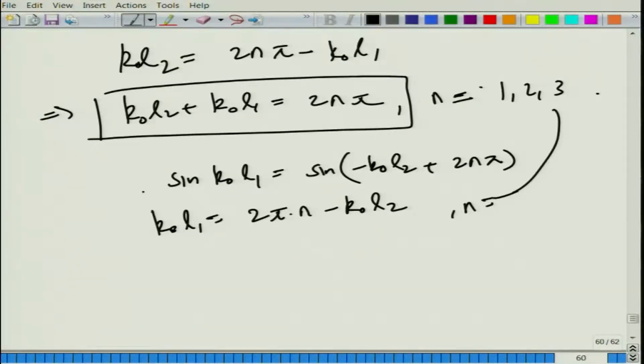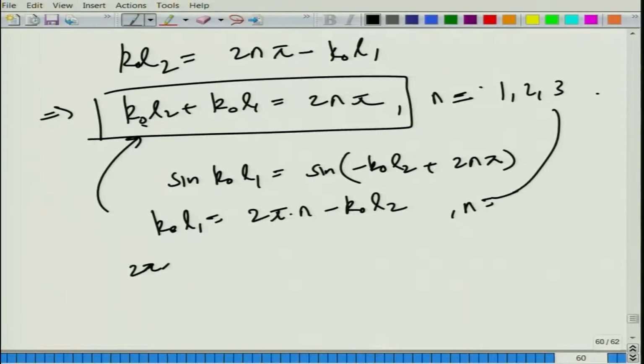Okay. So, this relation will fetch you this one, and so what it means is that when the sum of the phases of the waves that propagate in both the ducts is equal to 2n pi, where n has to be 1 at least to make it non-trivial, then also destructive interference will happen, and we will get almost 0 power transmitted downstream, resulting in sharp attenuation peaks. So, the frequency corresponding to this is easy to work out.